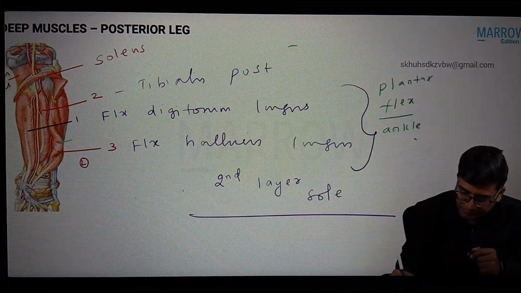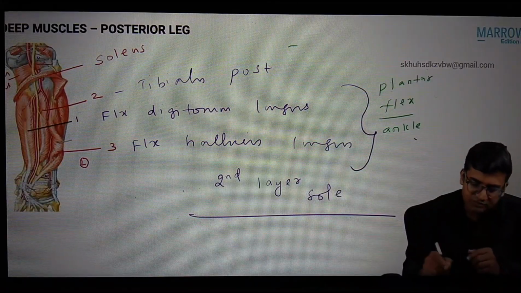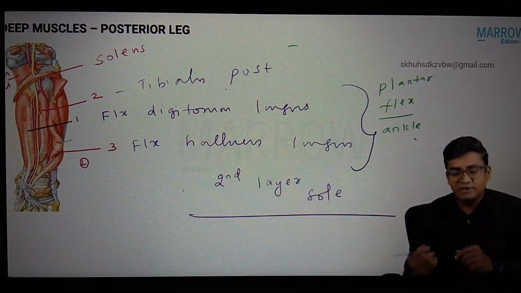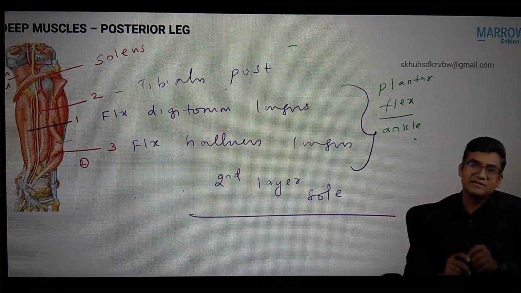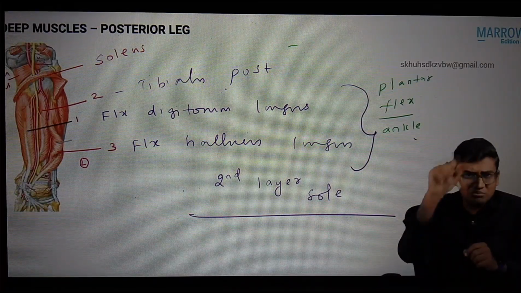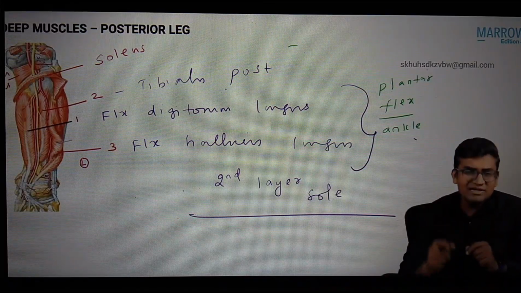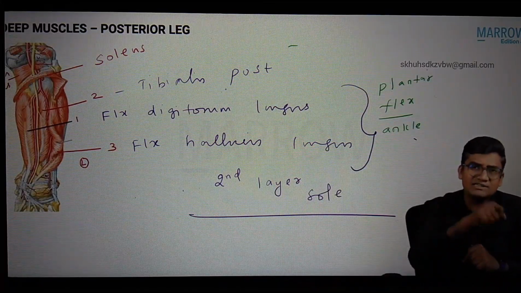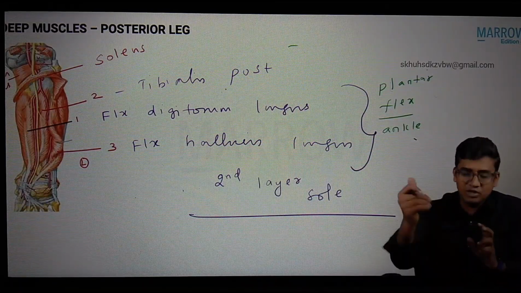Now, what about tibialis posterior? Tibialis posterior has one additional movement. Tibialis posterior is present on the medial side, so tendons on the medial side help with inversion movement. Tendons on the medial side pull the medial arch, increase the concavity, and maintain the medial longitudinal arch.